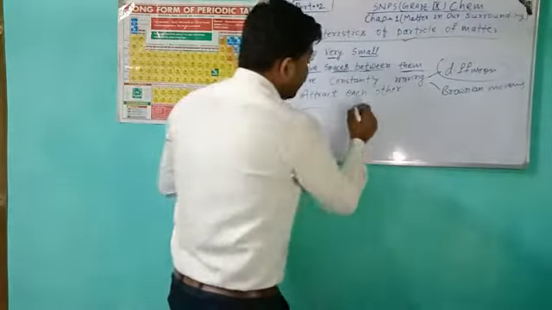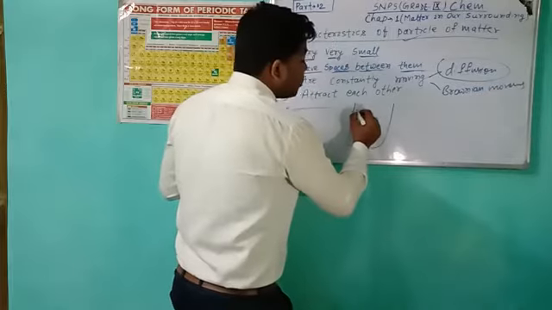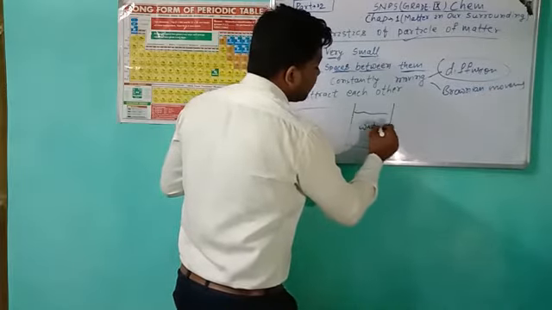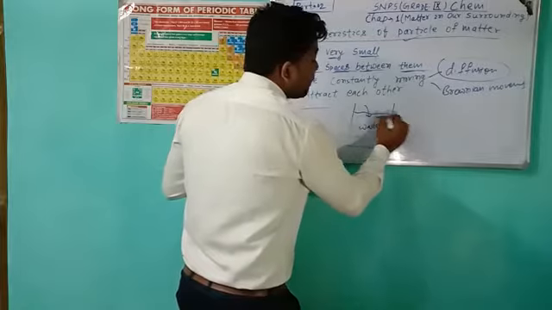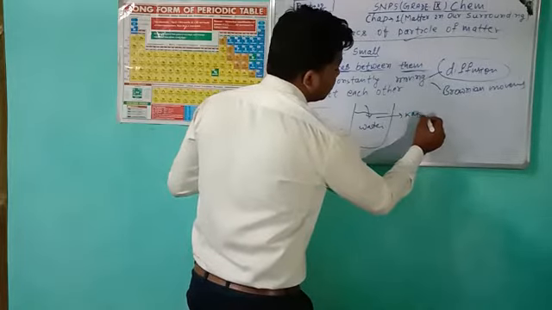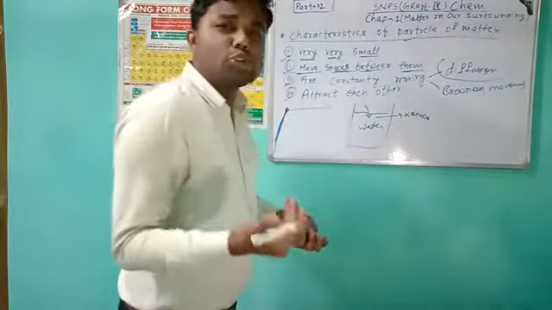Okay, we can take another example in which we take a beaker, put some water in it and add potassium permanganate. You can also add copper sulfate, CuSO4.